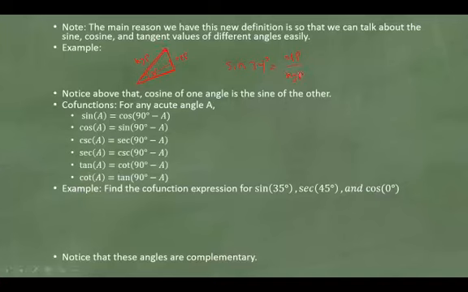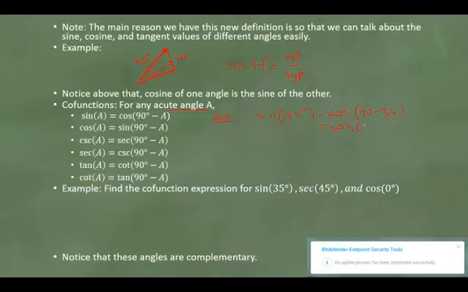Cofunctions. For any acute angle A, sine of A is equal to cosine of 90 minus A. As an example, remember A has to be an acute angle, so sine of, for example, 35 degrees has to equal cosine of 90 minus 35 degrees. In other words, it has to equal cosine of 55.